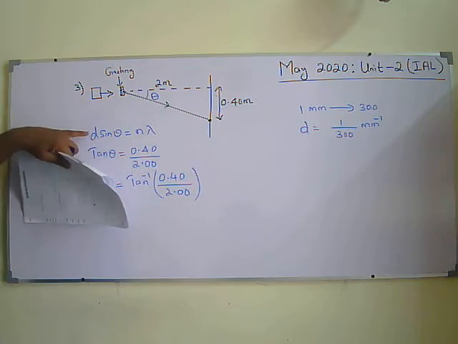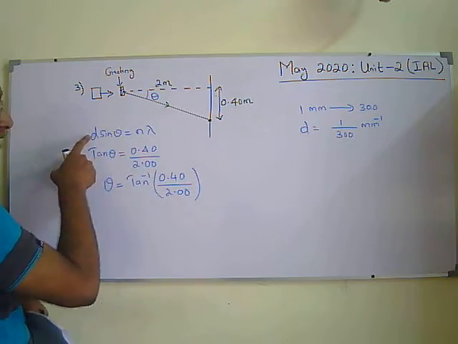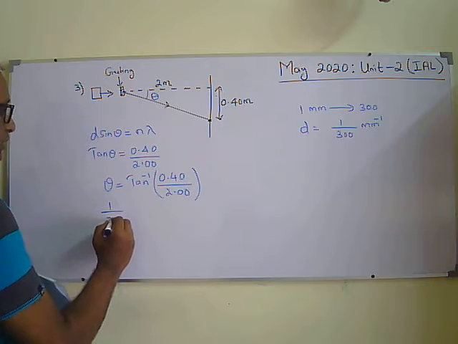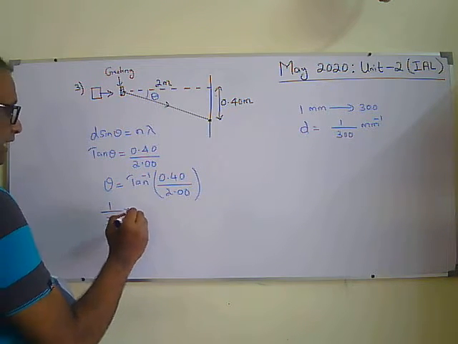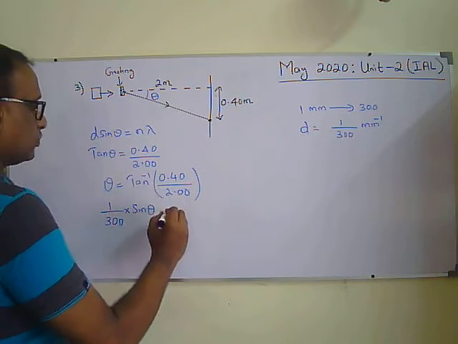And we know the equation d sine theta equals n lambda. We need to find lambda. So d is this one, in millimeters, so I can substitute 1 over 300 times sine theta equals n, which is 1, times lambda.